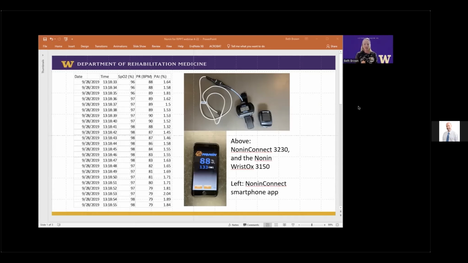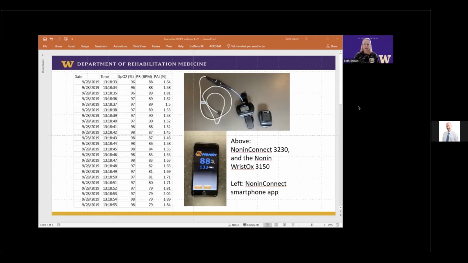The other important part about this wristox is that this white cord that connects to the fingertip sensor can instead be replaced with a wire that connects to a forehead sensor. So for forehead sensor, you have a wire that runs to this wristox device, okay?